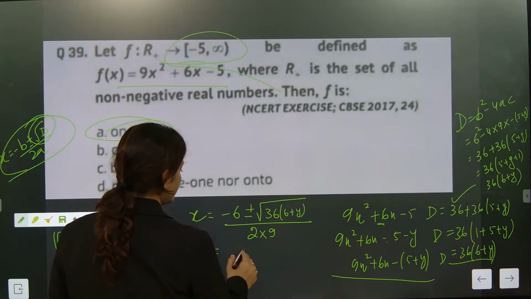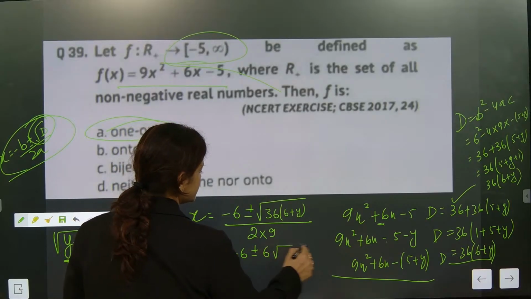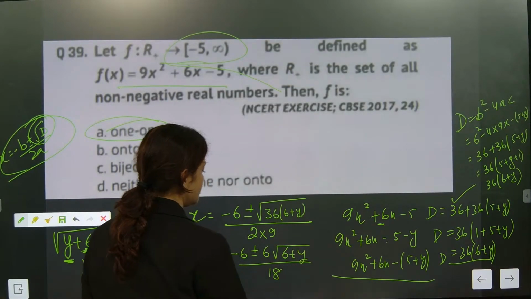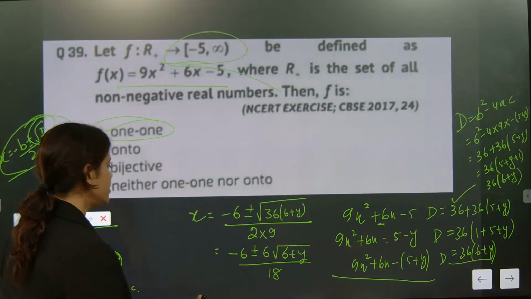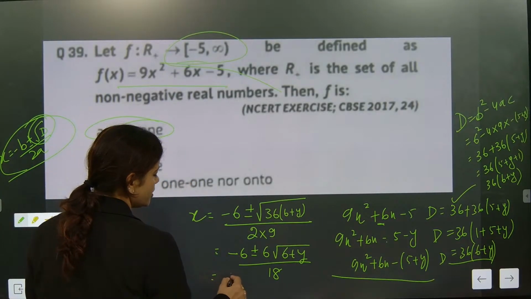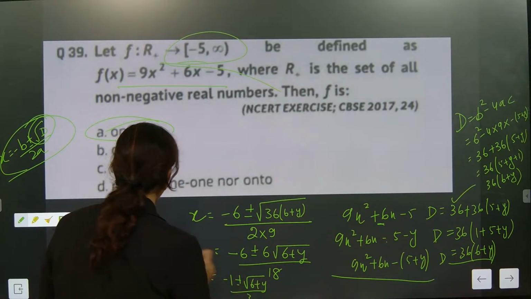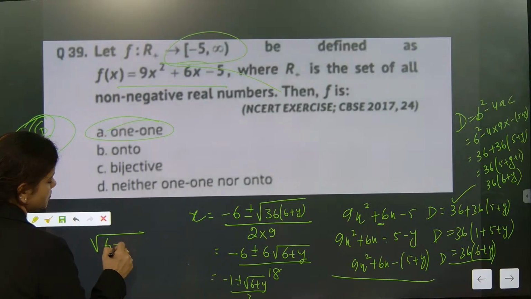Okay, so here it will become minus 6 plus minus 6, 6 plus y by 2 nines are 18. Understood? So here 6 will come out, it will become minus 1 plus minus root under 6 plus y by 3. But here the problem is not this one. The problem is root. Understood? So root under 6 plus y.